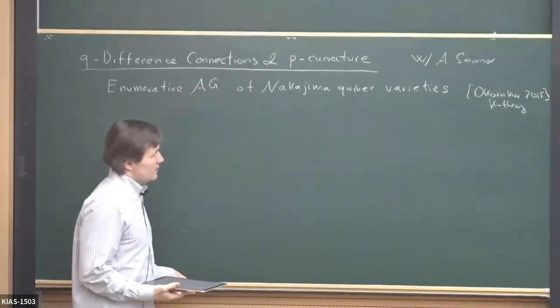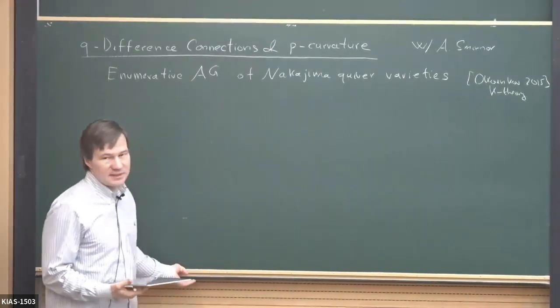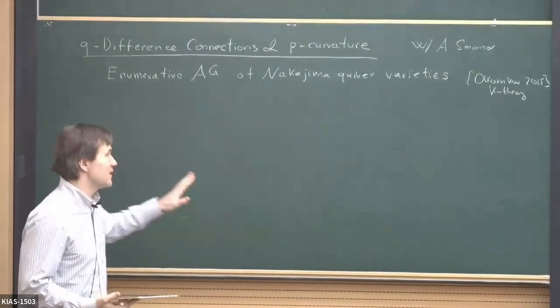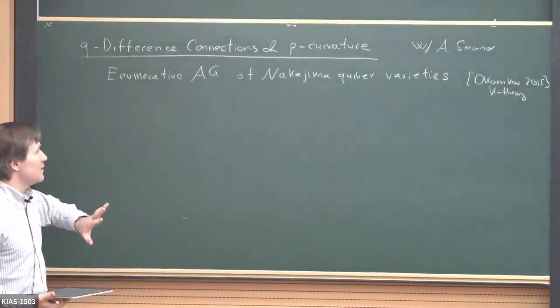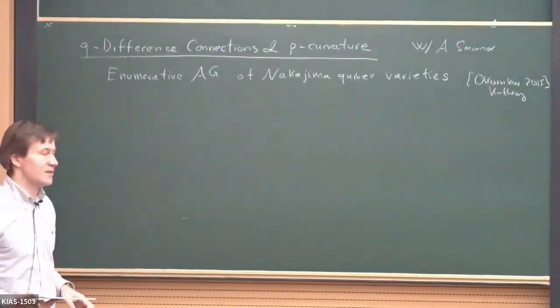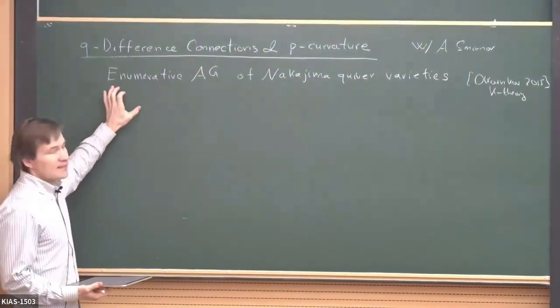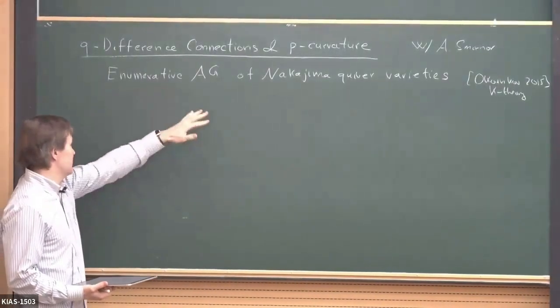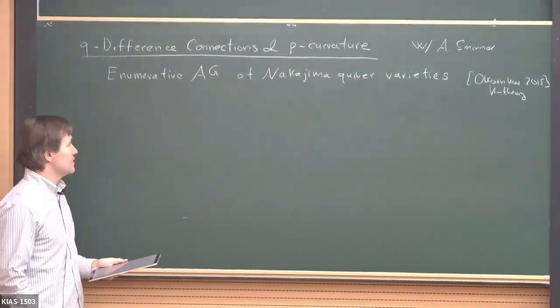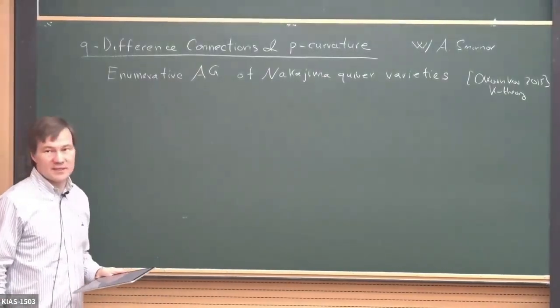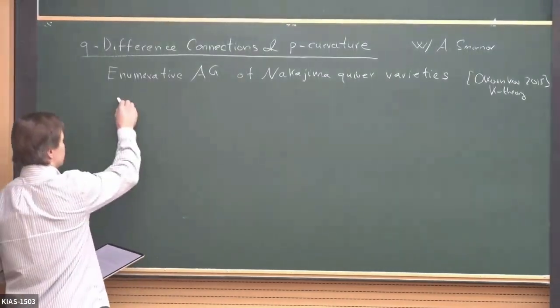Now I'm not going to be able to explain all the nitty-gritty details of the construction, but I'm going to in part rely on your intuition and understanding. In a nutshell, this enumerative geometry is governed by a Q-difference equation.